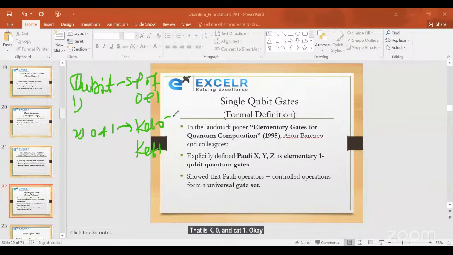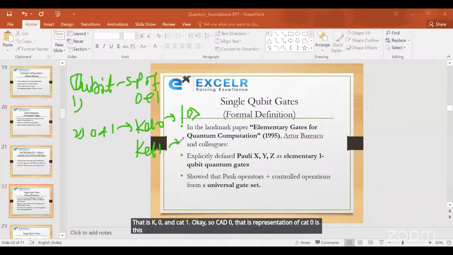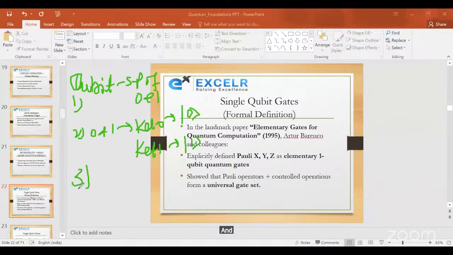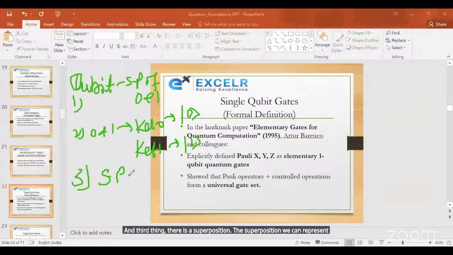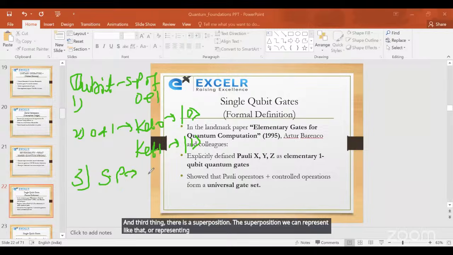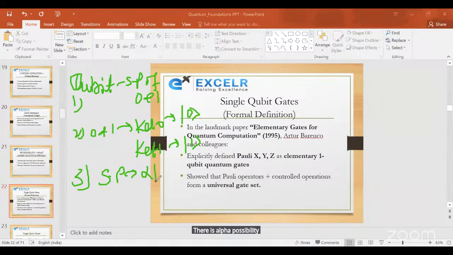So this is the representation of ket 0, and this is the representation of ket 1. And third thing, there is a superposition. For representing the superposition, we take the coefficients alpha and beta corresponding to the 0 and 1 states. In the superposition state, there is an alpha probability of being in the 0 state and a beta probability of being in the 1 state.